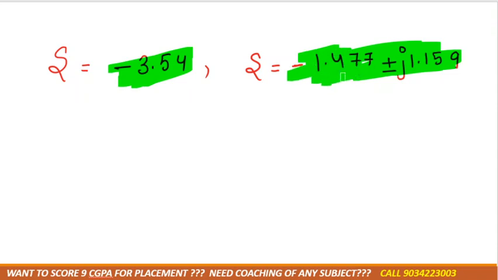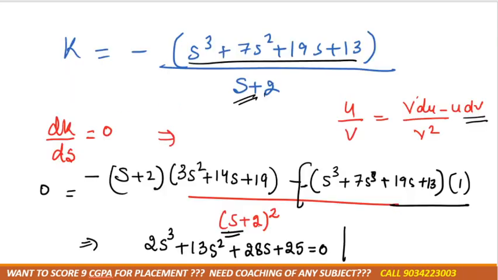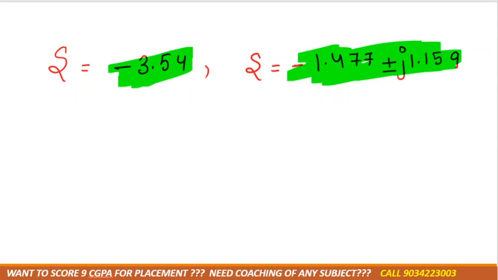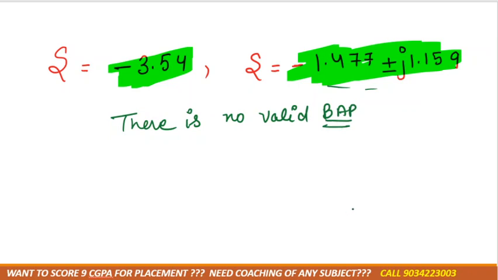Now we have to check which of the values lies in the valid breakaway point. Okay, so these are the breakaway points. We got it. Understood? Valid breakaway point, we can write it down as BAP.